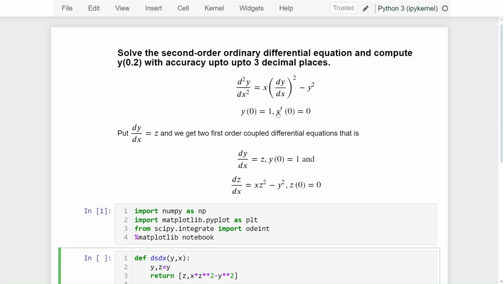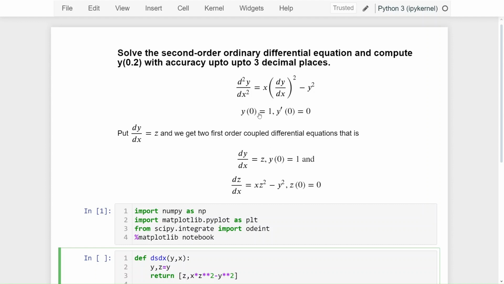Let me show you. What we have done here is we have let dy over dx be equal to z, and after substituting this value in our differential equation we get two coupled differential equations. First is this itself, and note that these are the initial conditions.